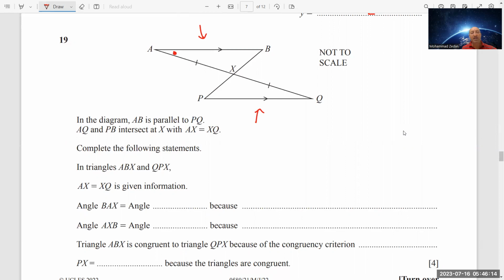This angle equals this angle, of course, by alternate interior angles. So angle BAX is equal to angle PQX, because alternate interior angles are congruent.